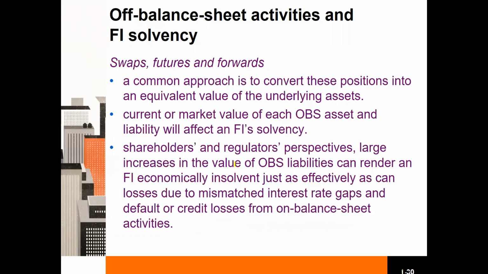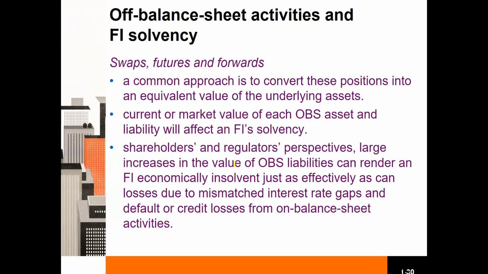So as I already indicated, the option valuation model is used to find out the financial institution's exposure to off-balance sheet activity. We can calculate in an approximate sense the current or market value of each off-balance sheet asset and liability and its effect on the financial institution's solvency.